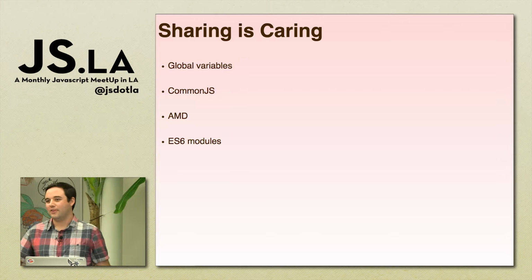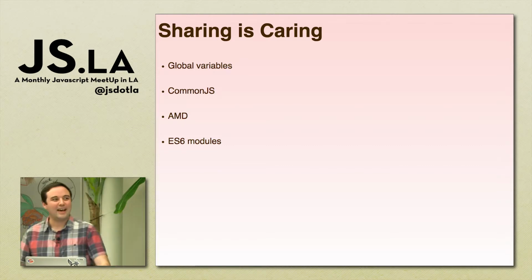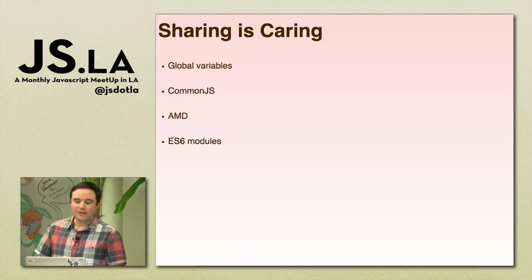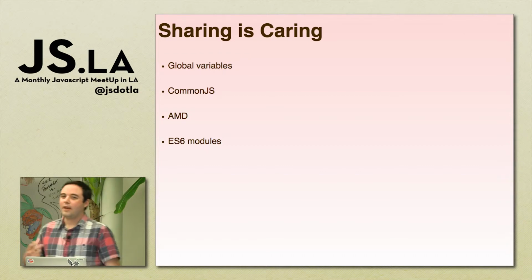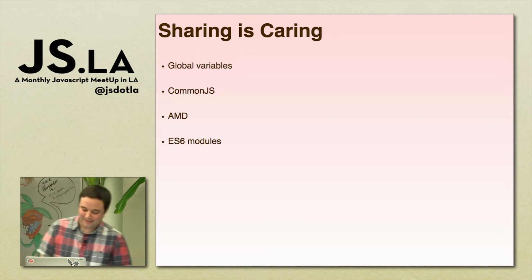There's the old school, just dumping libraries in a global scope. You have CommonJS, so if you use Node or Browserify or something like that, you use CommonJS. AMD, the RequireJS style, and the new ES6 modules that are coming out. PhantomJS does CommonJS, mostly.